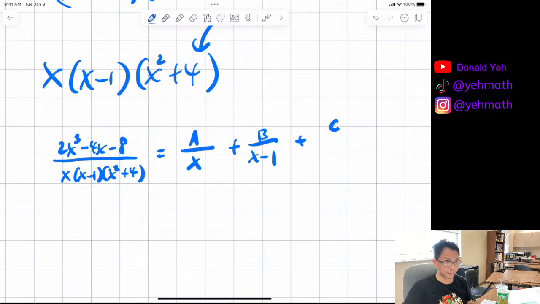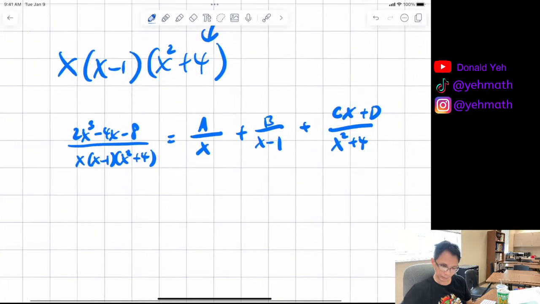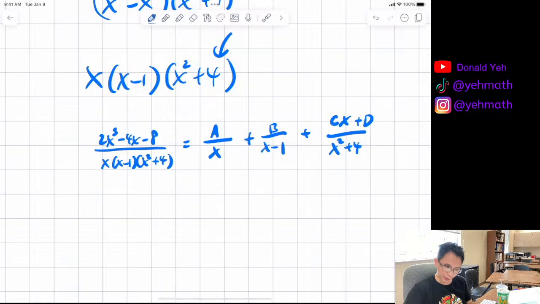Now, be careful, because the bottom is quadratic, it's x squared plus 4. Here we're going to reduce 1 degree. So Cx plus D. So it's going to be 1 degree less, and there's a constant after that. You just reduce 1 degree, and it goes in descending order.